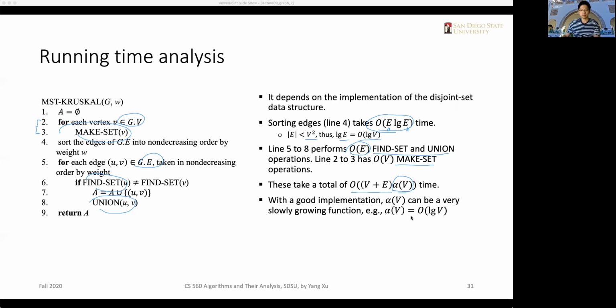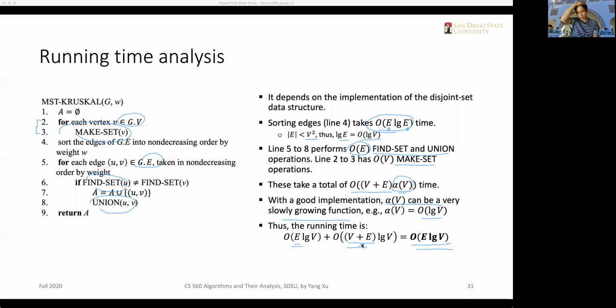And with a good implementation, alpha can be a very slowly growing function, for example, bounded by the logarithm of the logarithm function. So in total, we can assume that the running time is big O of E times logarithm of V. This is the result after assuming that V and E are at the same level.